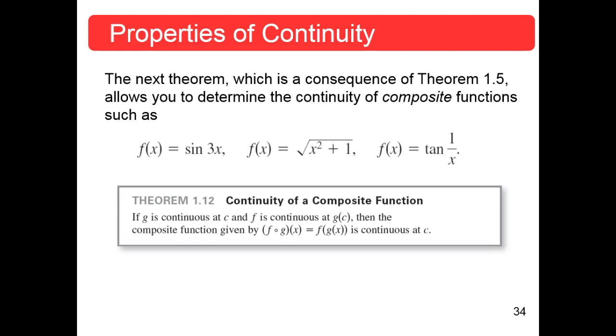Now, if x is not 0, it's either positive or negative, right? And if you're taking the tangent of whatever those are, then 1 over x cannot equal a half pi.